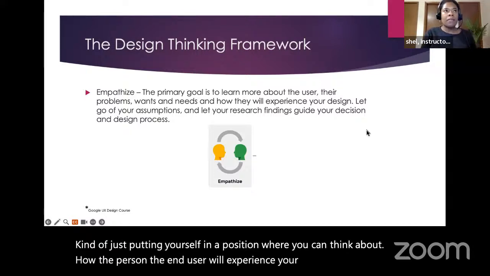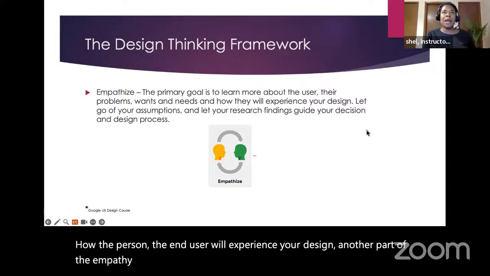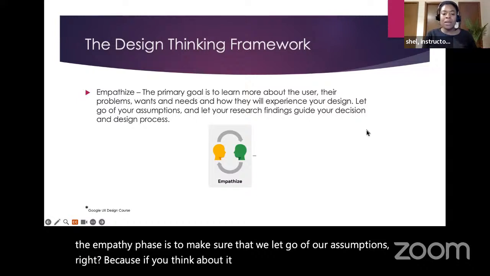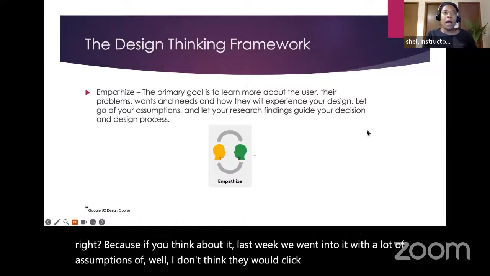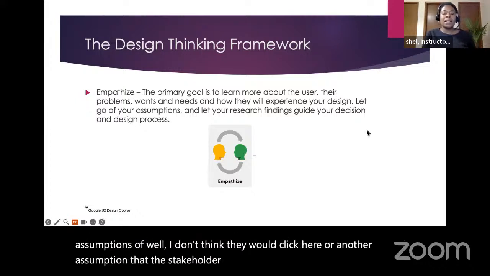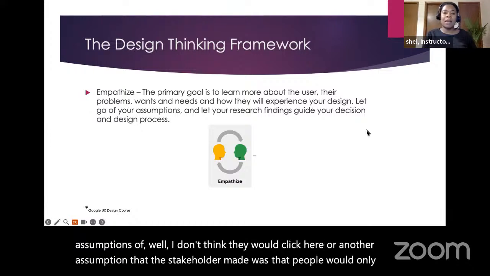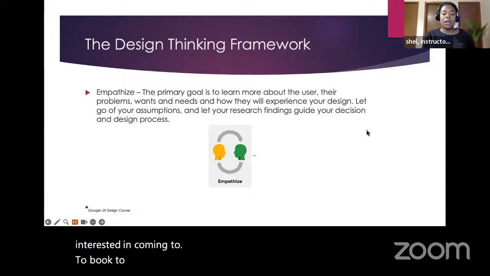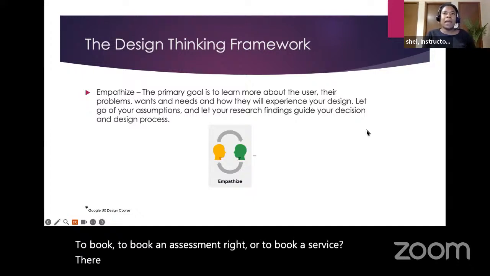Another part of the empathy phase is to make sure that we let go of our assumptions. Because if you think about it, last week we went into it with a lot of assumptions, like, I don't think they would click here. Another assumption that the stakeholder made was that people would only be interested in coming to book an assessment, or to book a service. There were a lot of assumptions made.